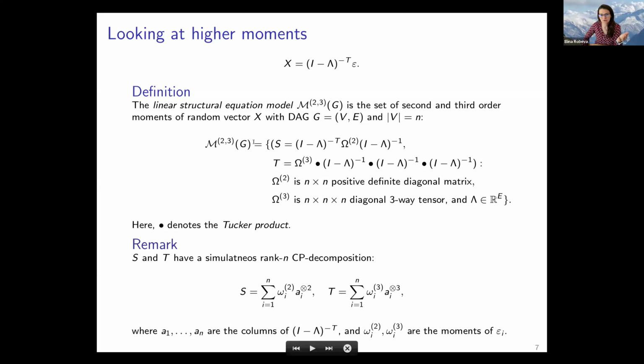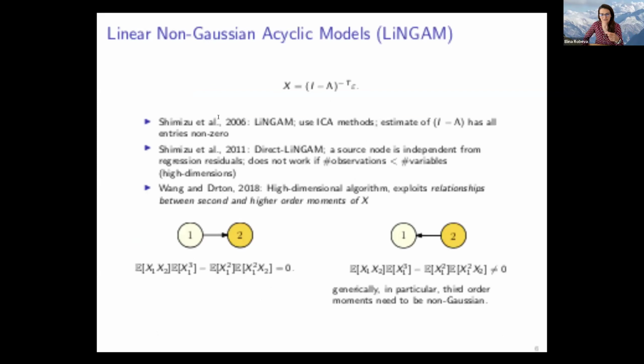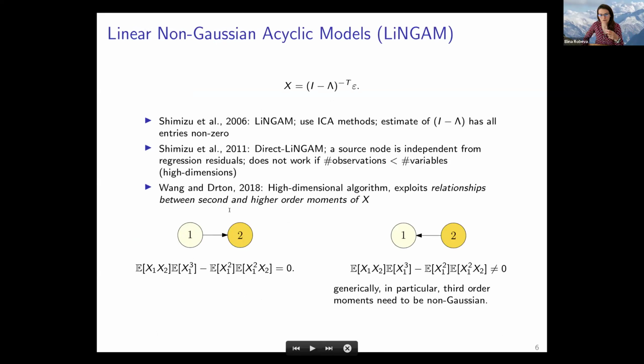The only reason I'm putting this here is that now some questions that we can ask are, what are some constraints in the S and T that hold if you know the graph? So given a graph, what are the constraints in S and T? And why is this important? Well, because if we look at the previous slide that had these two graphs, for this graph, this will be one constraint that holds. So this, for example, will be S12 times T111 minus S11 times T112.